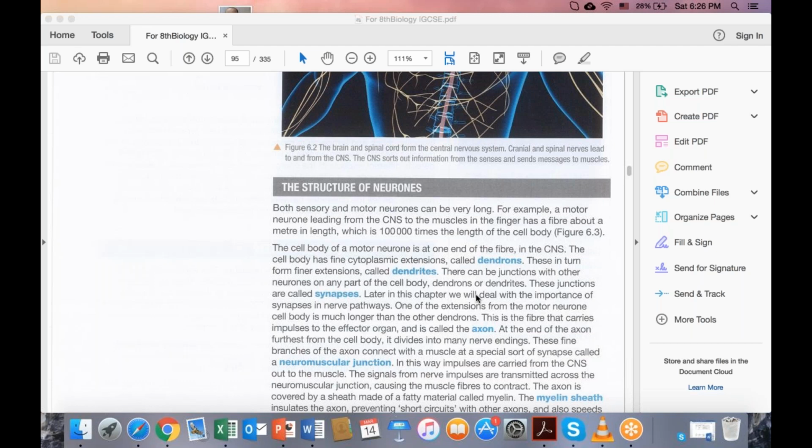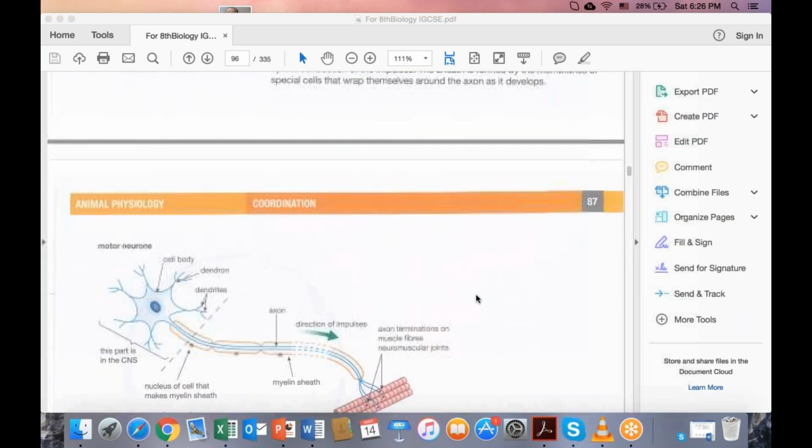One is, for example, as you see in this structure, called dendrite. Another, we can say this part, is dendron. Dendron is the general name and dendrite is the small structure in this part, and this structure is called axon.